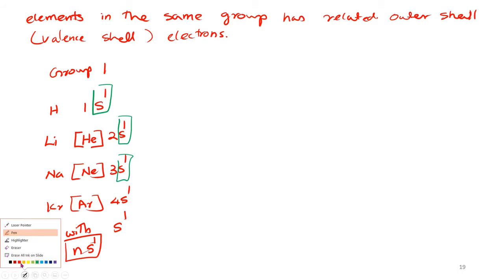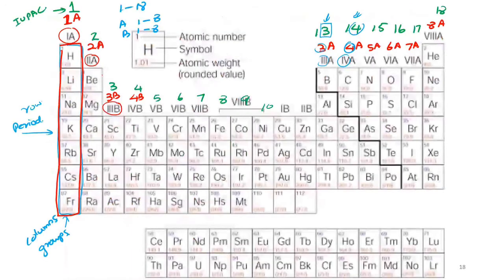And if we do a similar kind of writing for group 2, in the second group we have beryllium. Right below it, we have magnesium, calcium, strontium, and it goes on.